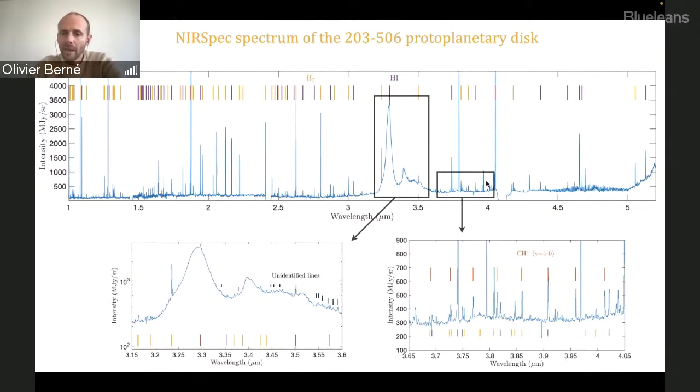Here, near 4 microns, we have detected the CH+ molecule in emission. And if you look at this part of the spectrum, above these features which are attributed to PAH molecules, you see these narrow lines, which we think are molecules, but we still haven't identified what these species are in this object.